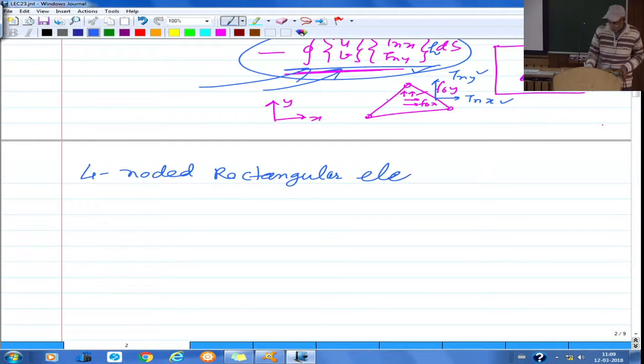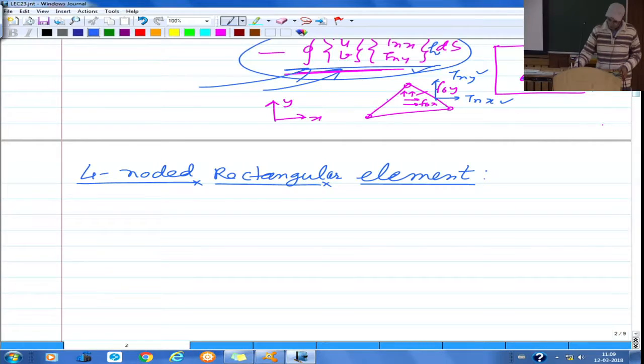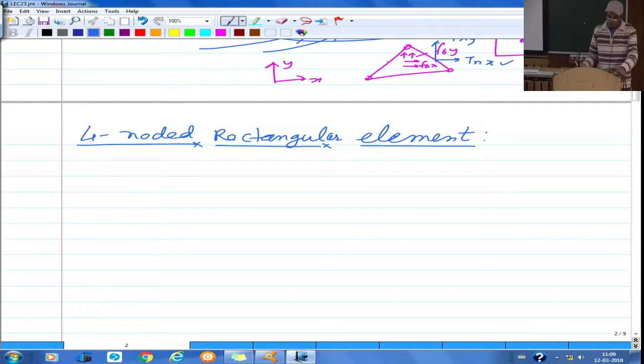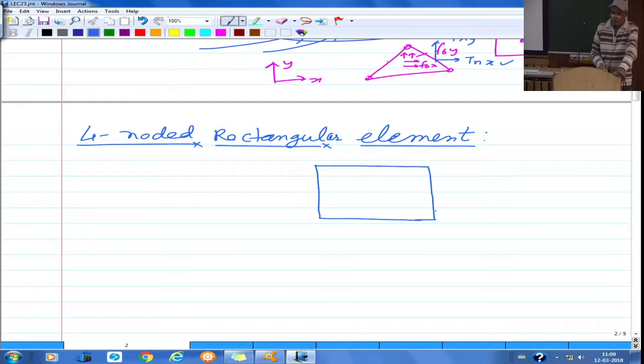Although as you see now, the development of element level governing equations is essentially the same once we identify what kind of interpolation we want to use. So this is in physical coordinate space, so as we discussed earlier, to ensure that we satisfy the inter-element continuity of primary variables, the element shape has to be a rectangle. And if we are starting with a 4-noded rectangle, that's the minimum we can have.